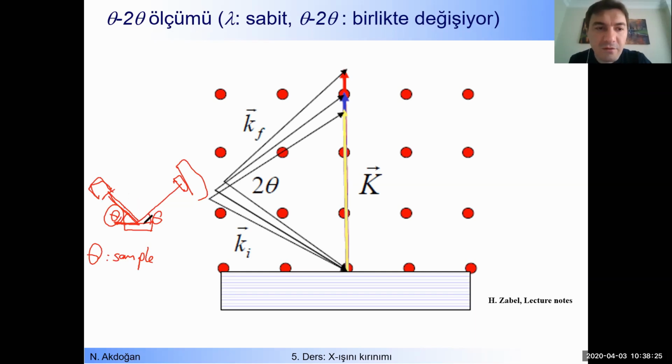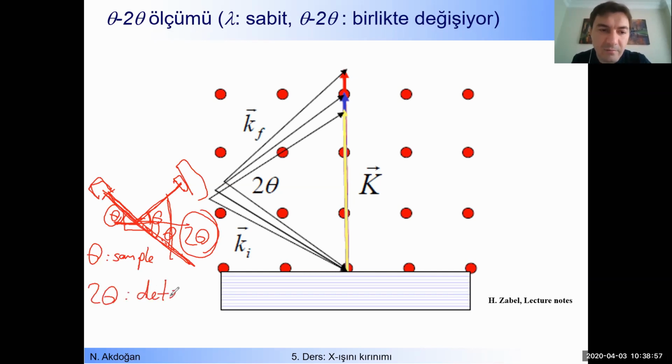If you continue like this, you will see that this is also theta, right? And here we have another theta. So this is 2theta. So what is this 2theta? The angle between the incoming beam and the reflected beam that goes to the detector. For this reason, this 2theta is also called the detector angle.